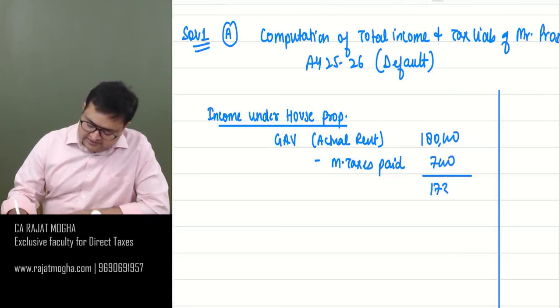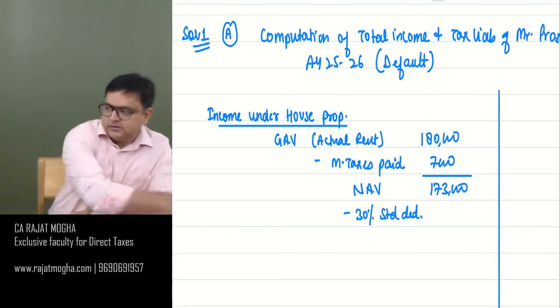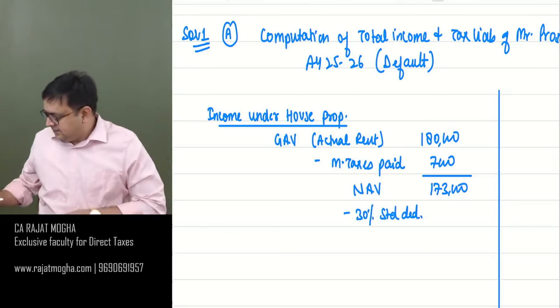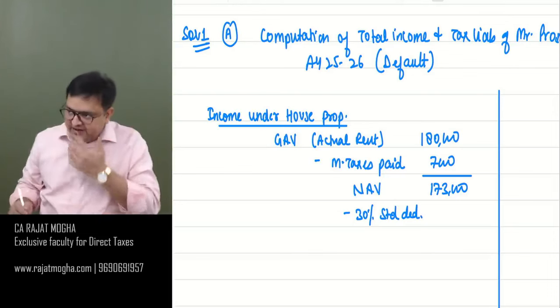So this is 1,73,000. This is NAV. Minus 30% standard deduction: 1,73,000 into 30%, 51,900.